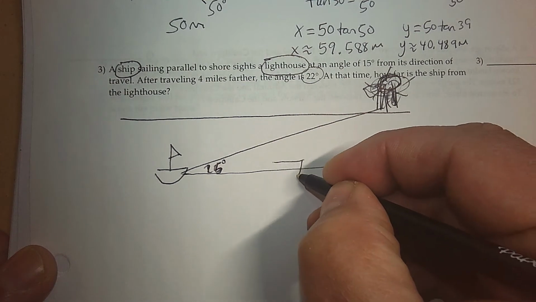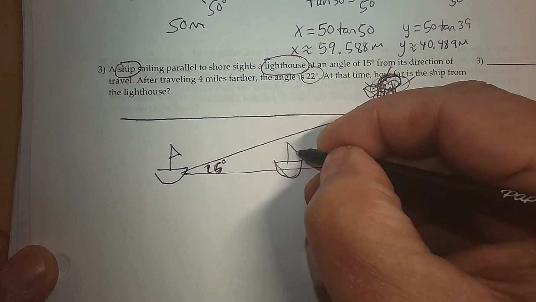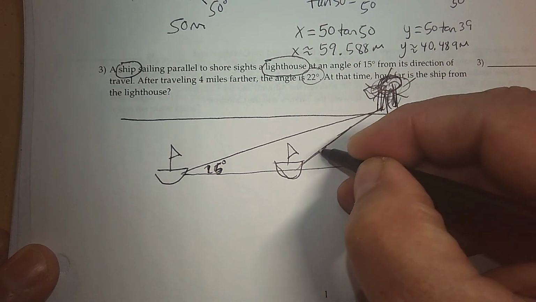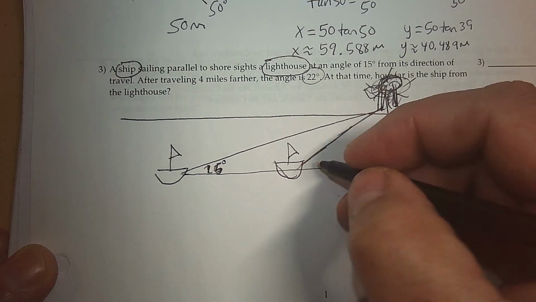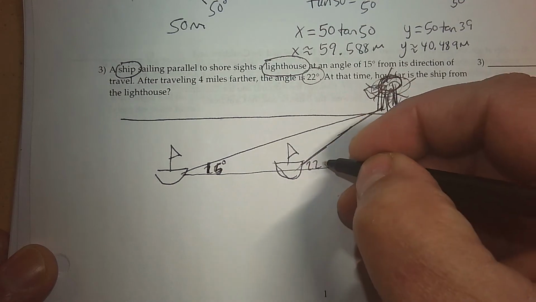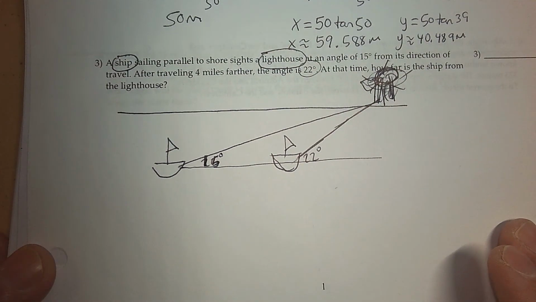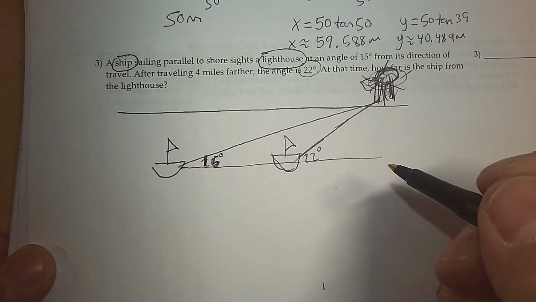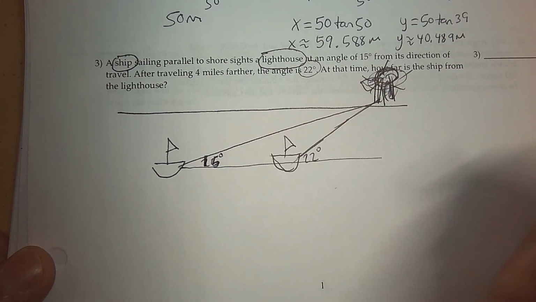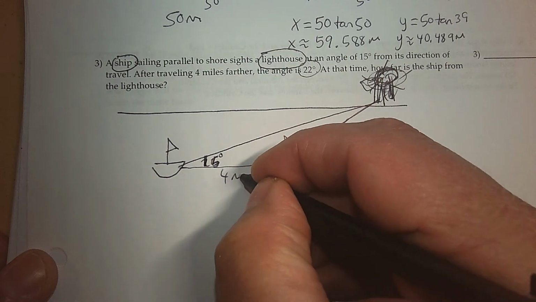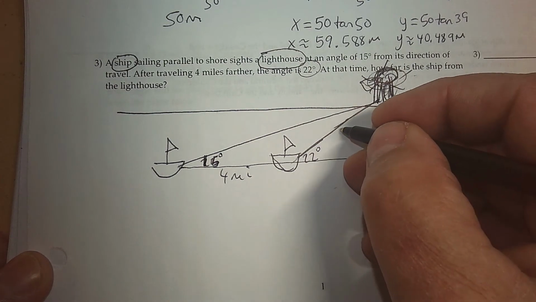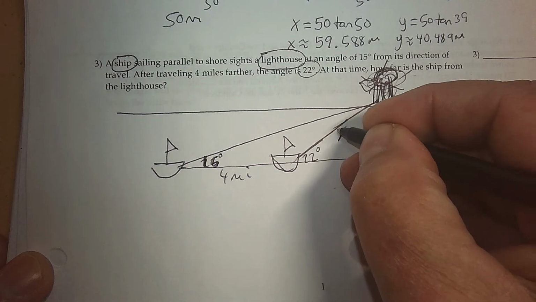It goes 4 more miles, right? Now what's the angle? Instead of 15 degrees, it's now closer, so it's a bigger angle, 22 degrees. We know that this distance here is 4 miles, and it says, how far is the ship from the lighthouse? That'd be directly there. That is what I'm solving for.